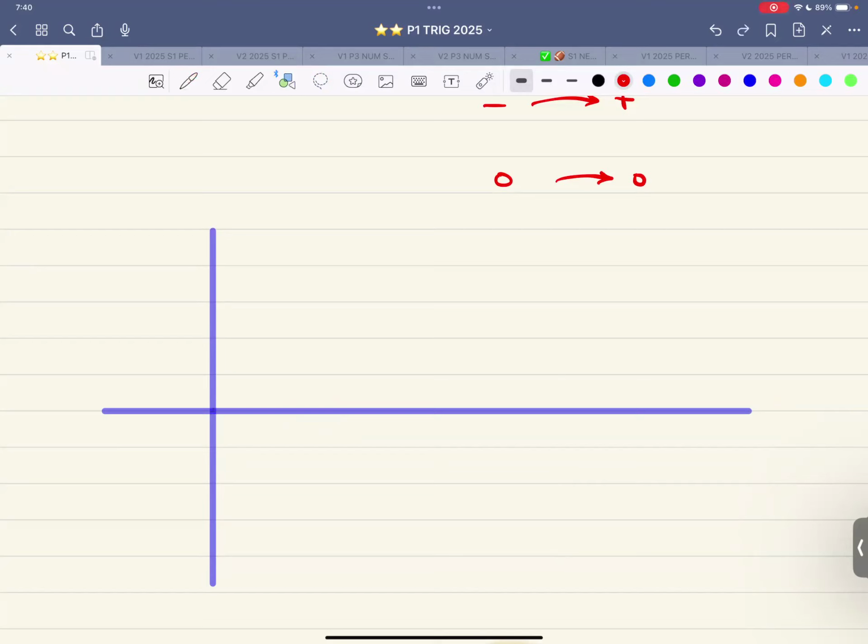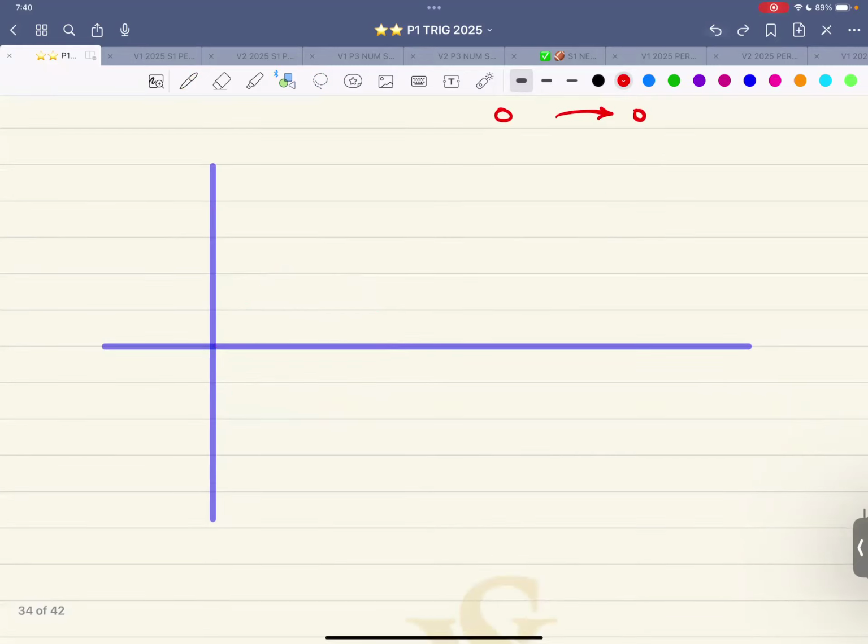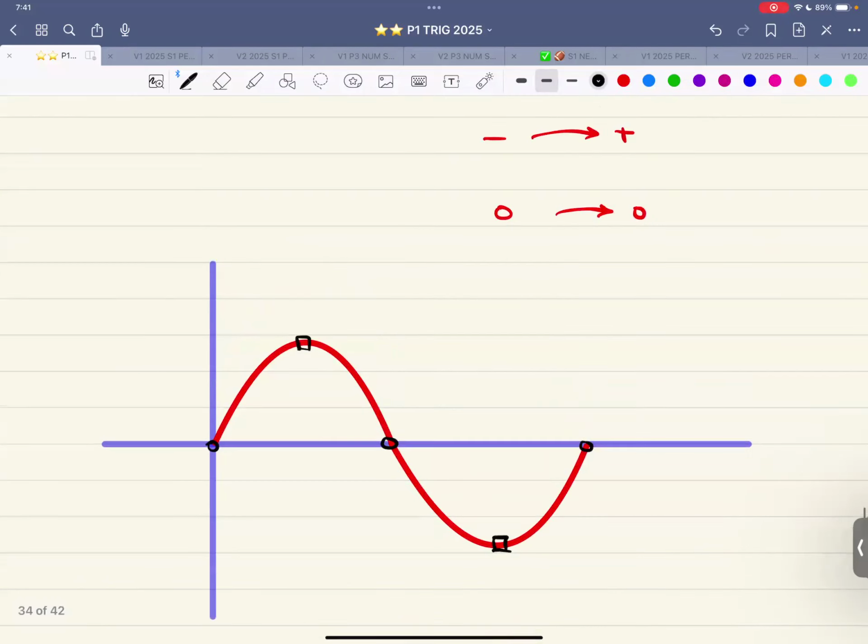This is one portion, and then this is the other portion, like this. Now, when I want to reflect it, let me focus on the five major points: one, two, three, 4, and 5. These are the five major points. The red one, that is the graph of y is equals to sine x. And I'll be drawing the blue one, y is equals to negative sine x.